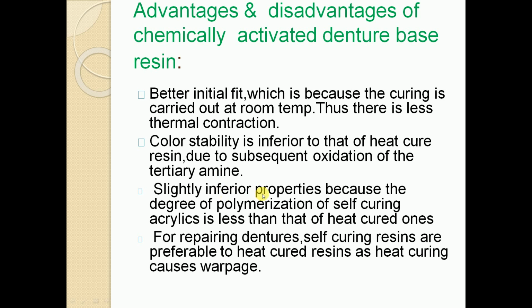Next is slightly inferior properties because the degree of polymerization of the self-curing acrylic is less than that of heat-cured ones. For repairing dentures, self-curing resins are preferable to heat-cured resins, as heat curing causes warpage, or you can say heat causes distortion.